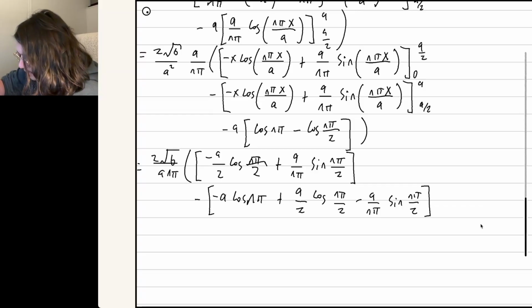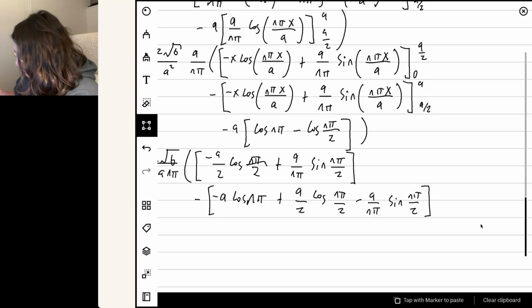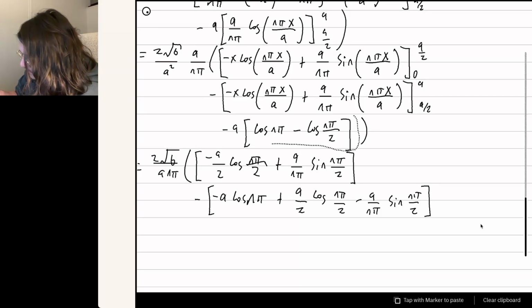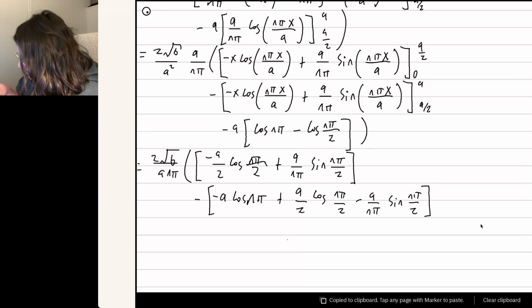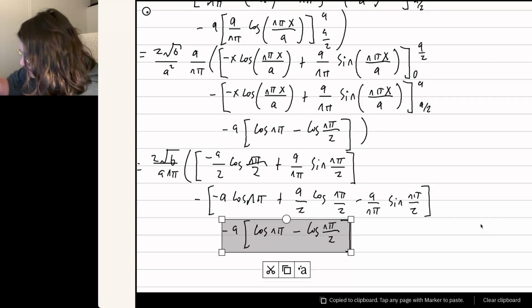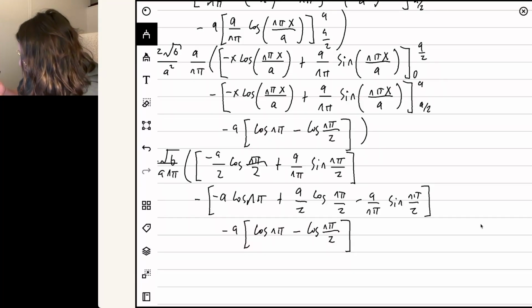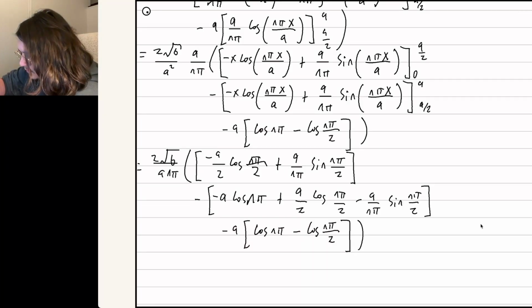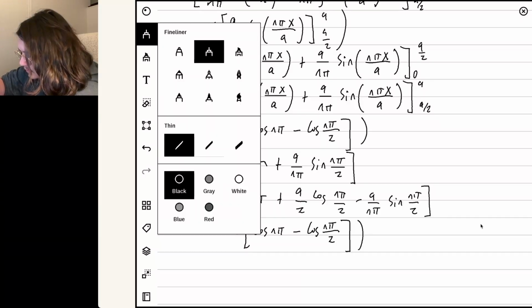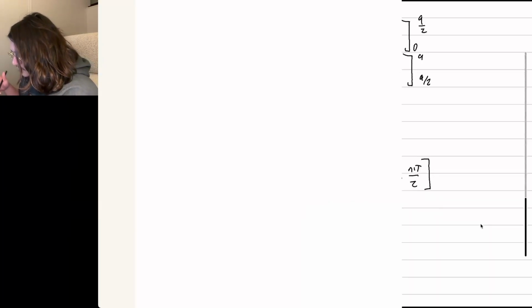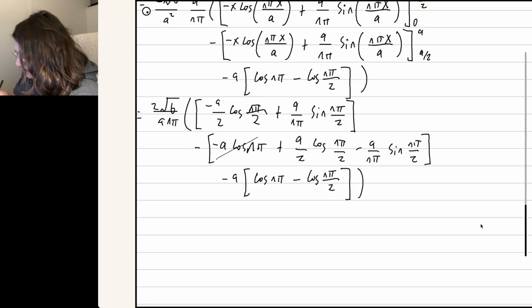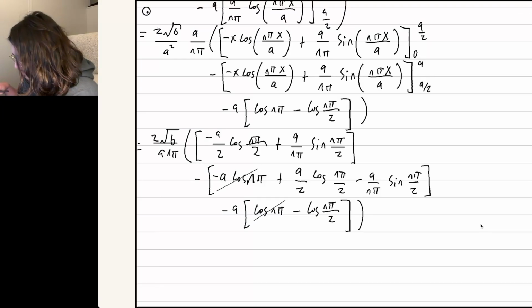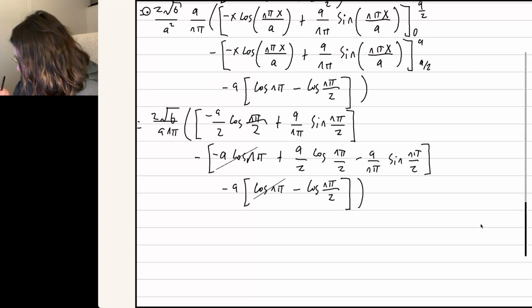And then we already have the last bit of the evaluated integrals. So, in an interesting turn of events, we have some cancellation. This will cancel out this. Let's continue simplifying.